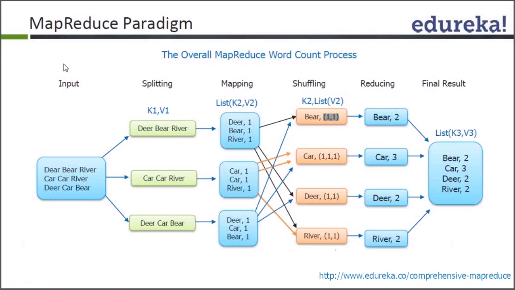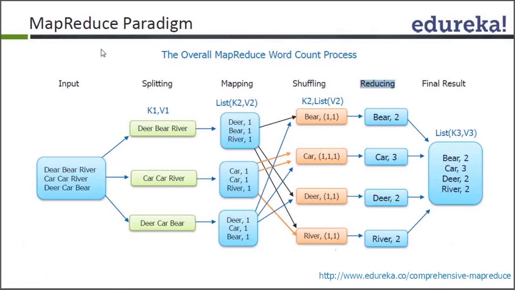The shuffling process ensures that all the values of the similar key that is executed in multiple nodes are all brought together, like how you shuffle a card. Shuffling will ensure that all the values of the similar key are brought together and given to one reducer, and then the reducer will do the aggregation of it, and the output is going to be written in the HDFS.